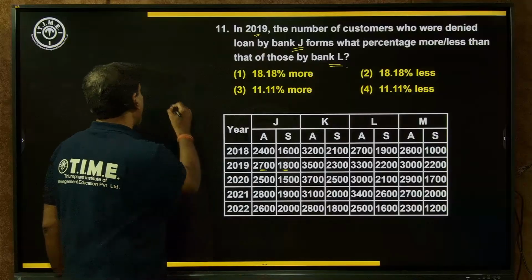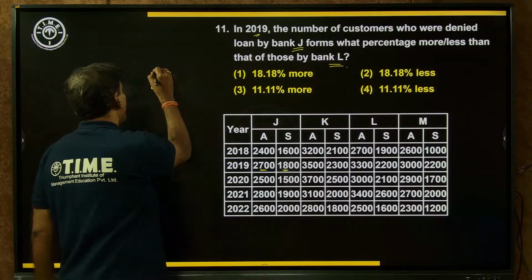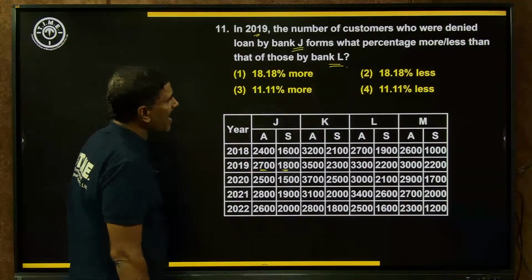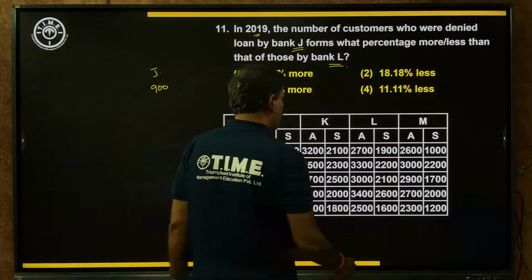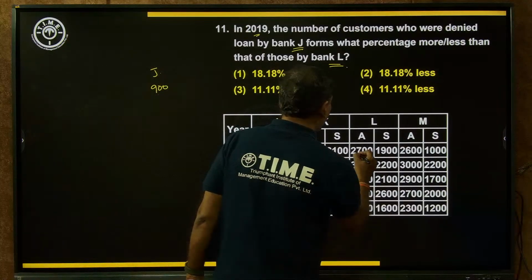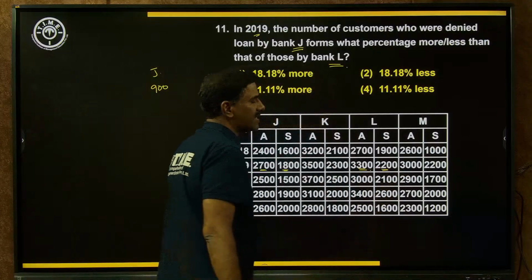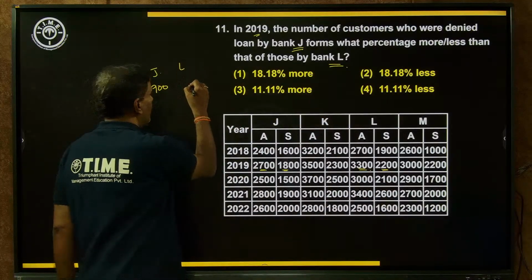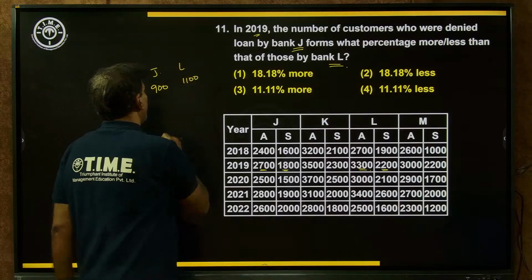That means 900 did not get the loan from bank J. Coming to the other bank, bank L in 2019, 3300 applied, 2200 were sanctioned, balance 1100 were not given loans. So is this more or less?